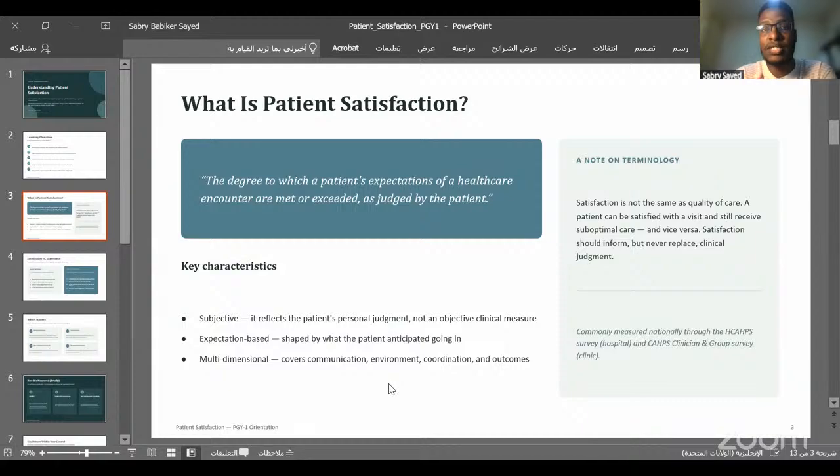Patient satisfaction is subjective, and it reflects the patient's personal judgment. It's not an objective clinical measure, so it's not a standardized tool that can be used over all clinicians as well as over all patients. It's expectations-based, so it's shaped by what the patient anticipates going on. For example, one of the patients came to the emergency room and was admitted to the inpatient ward, and they were expecting to be discharged within the same day.